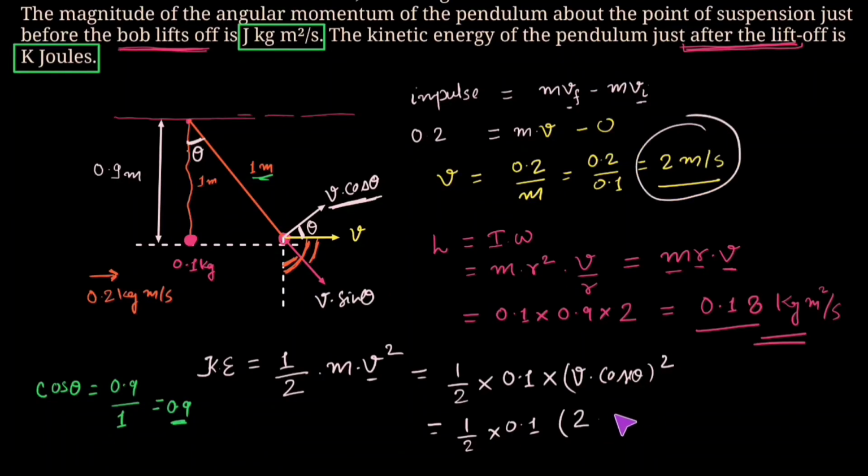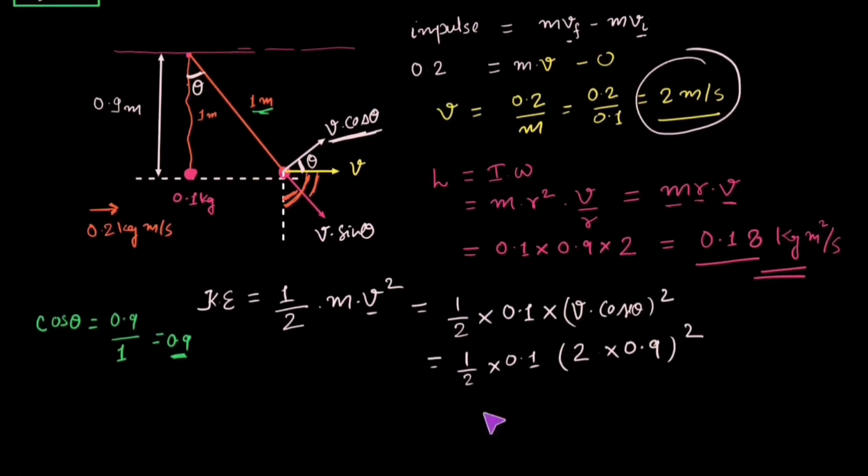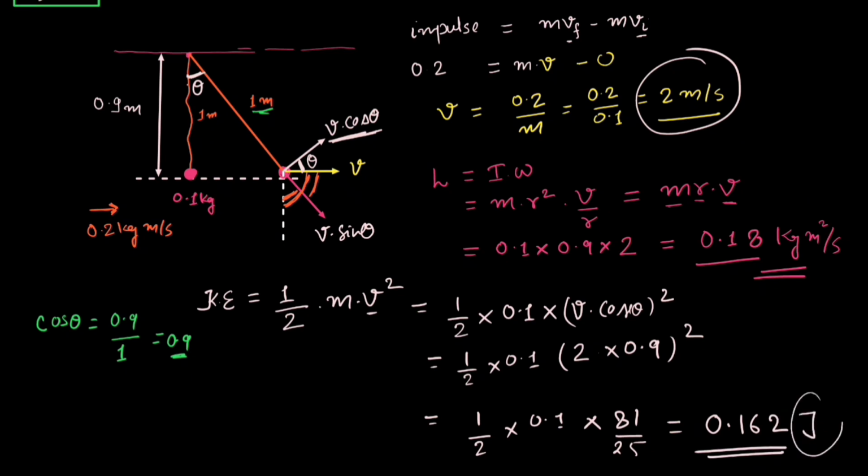And cos theta is 0.9 and whole square. So this would become half into 1. This would be 81.25. And if we simply multiply all these numbers, its value would come out to be 0.162. And the unit of energy is joule.